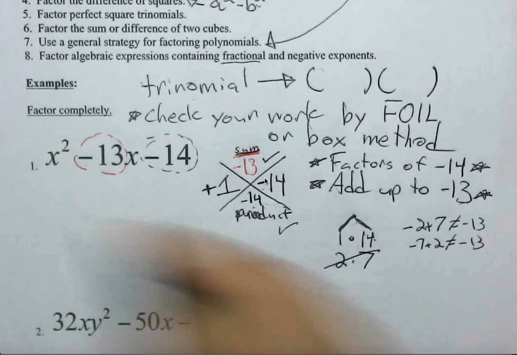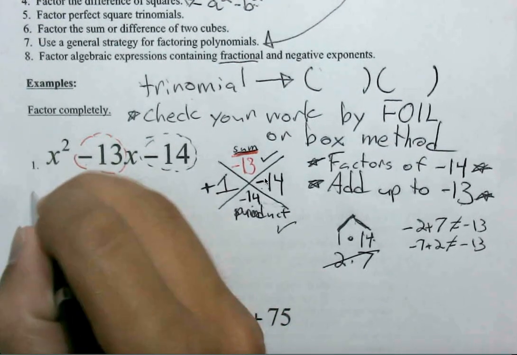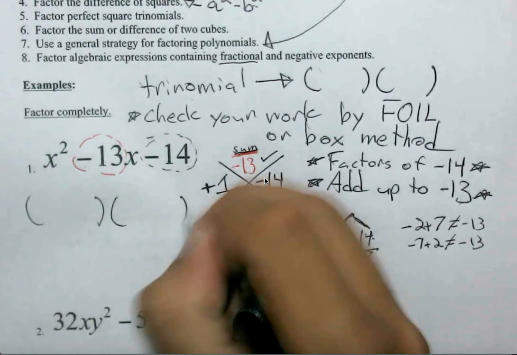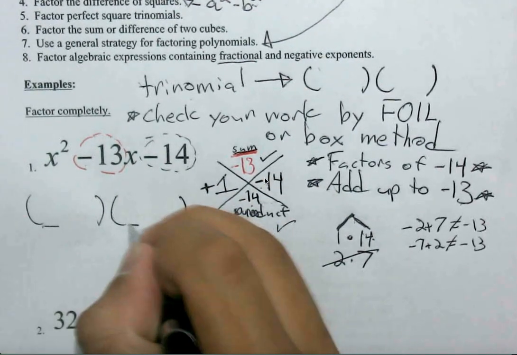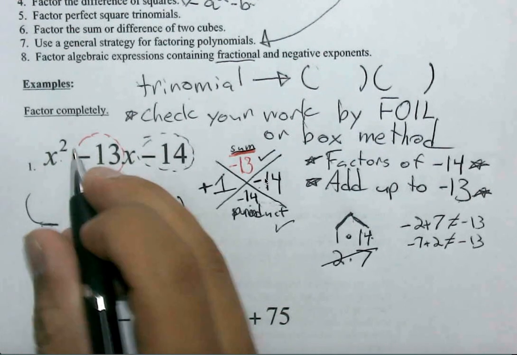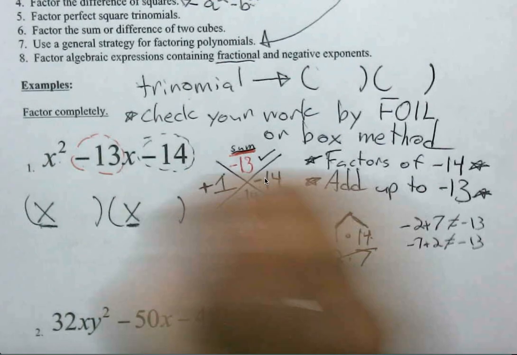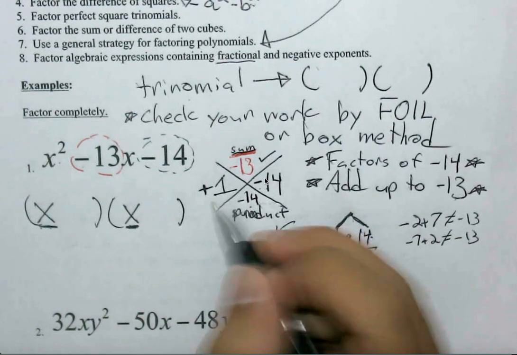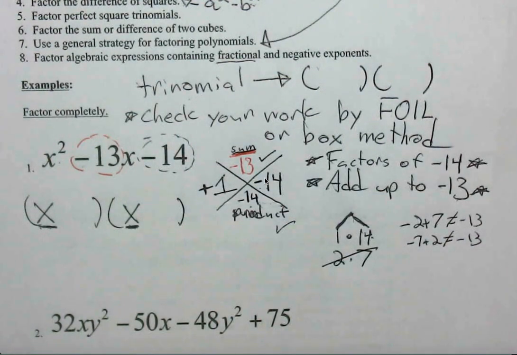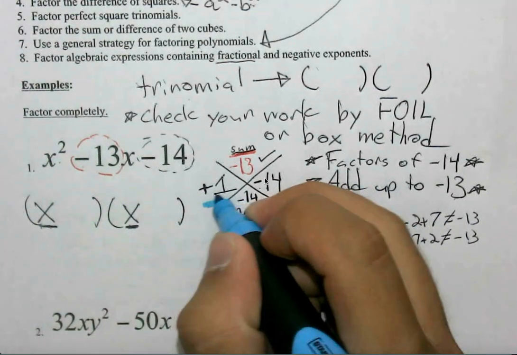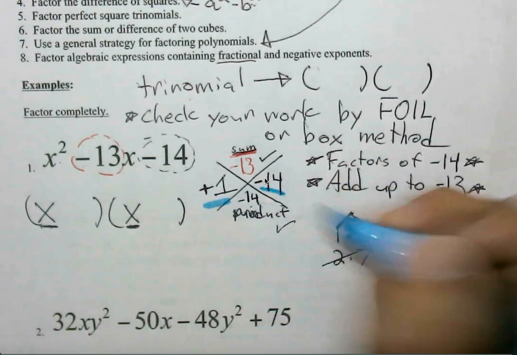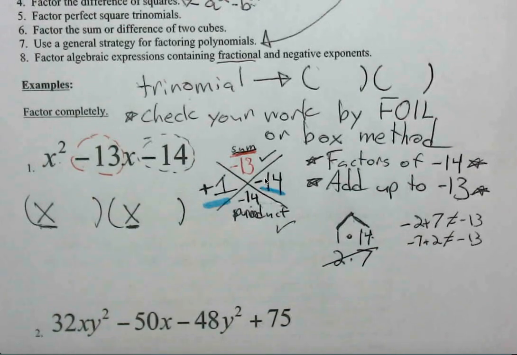So how we do this is that we want the first 2 terms of these 2 binomials to get x squared. The only way that happens is if we have x multiplying with x. Then from there, the 2 terms that we just worked on finding, positive 1 and negative 14, those are going to go in here.